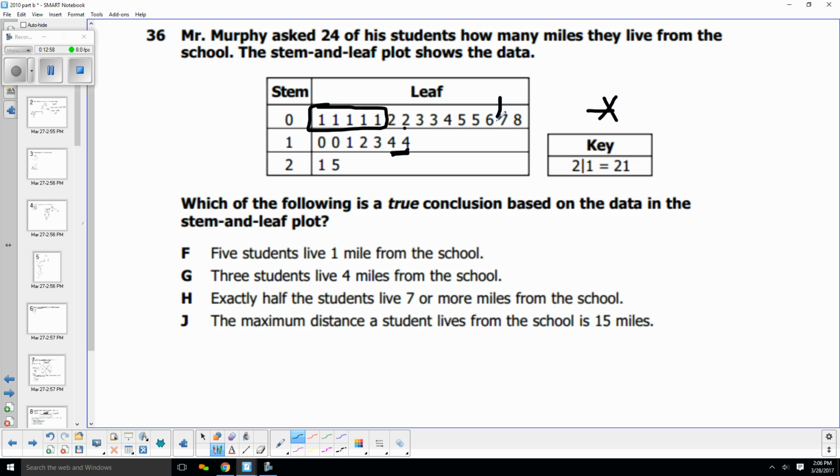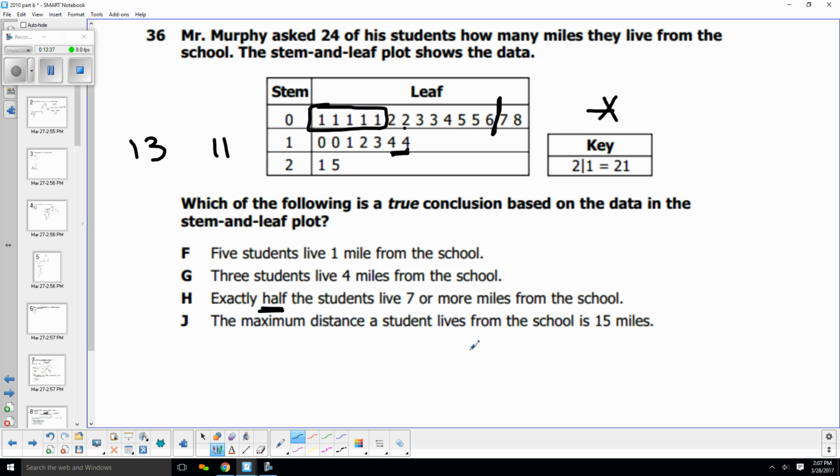So I'm going to cut it right here and count how many students live 7 or more. 1, 2, 3, 4, 5, 6, 7, 8, 9, 10, 11 people live 7 or more, right? How many live less than 7? 1, 2, 3, 4, 5, 6, 7, 8, 9, 10, 11, 12, 13. So are those split exactly evenly? No. Because it said half, so I had to split it evenly, and that wasn't.